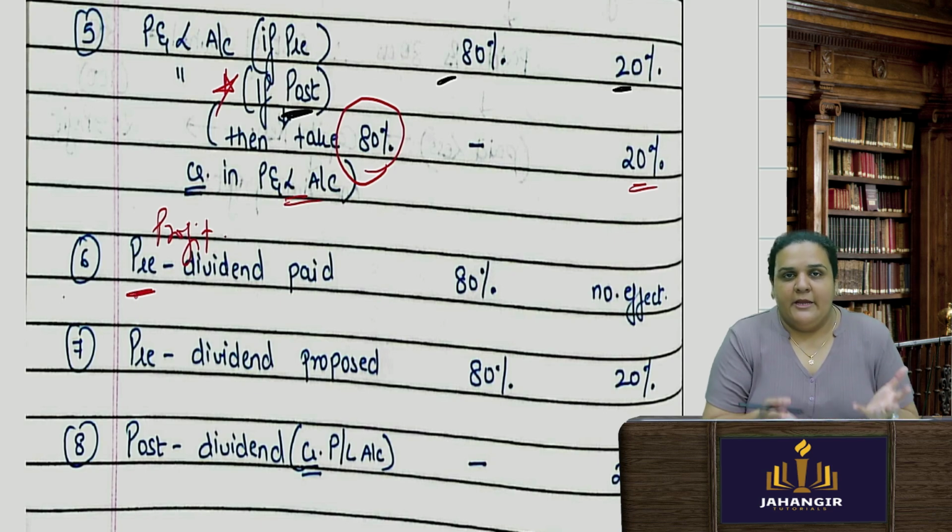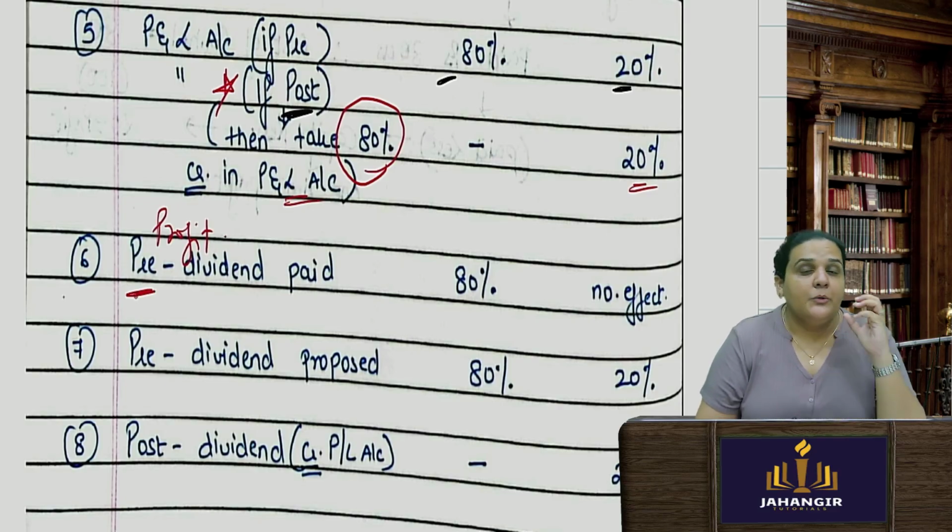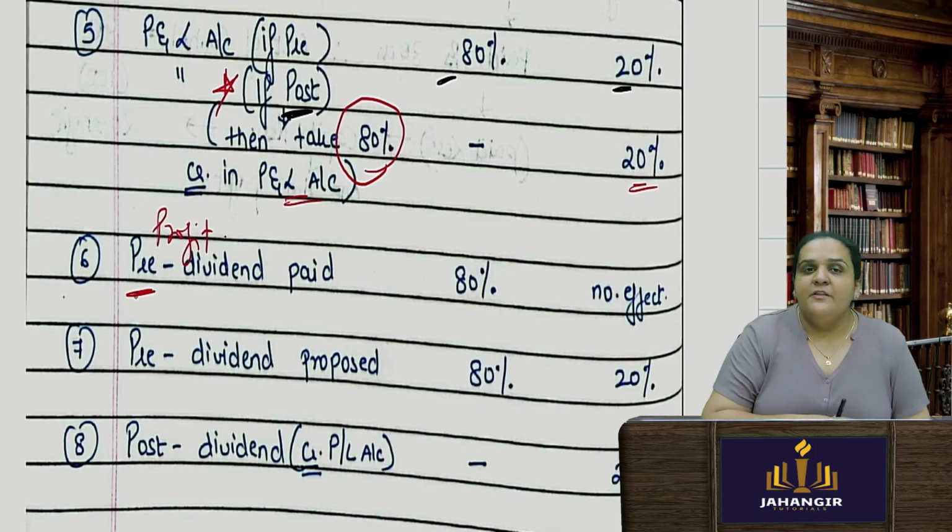The company has accumulated some profits, and because there are profits, they are giving that profit in the form of dividend. Distribution of profits: if they are using any profit belonging to the pre-period, I will treat that as a pre-dividend. But if they are using any profits which belong to the post-acquisition period, I will treat it as a post-dividend. There is no confusion.